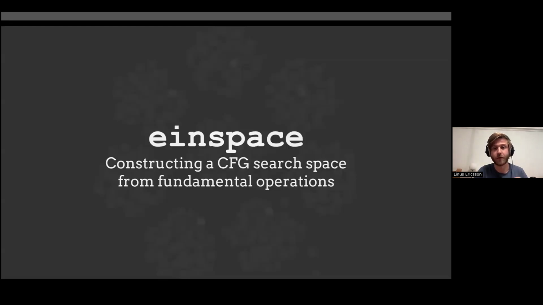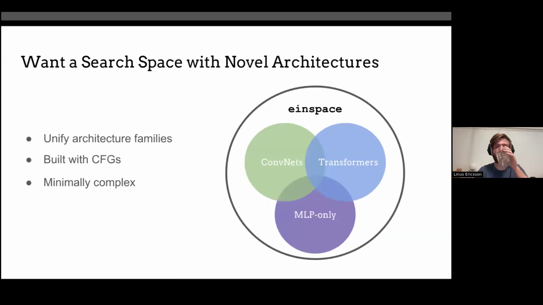So how do we do this? We want einspace to, like I said, be a space that unifies different architectural families, and we limited the scope a bit here to consider specifically convolutional networks, transformers, and MLP-only networks, like exemplified by the MLP mixer.